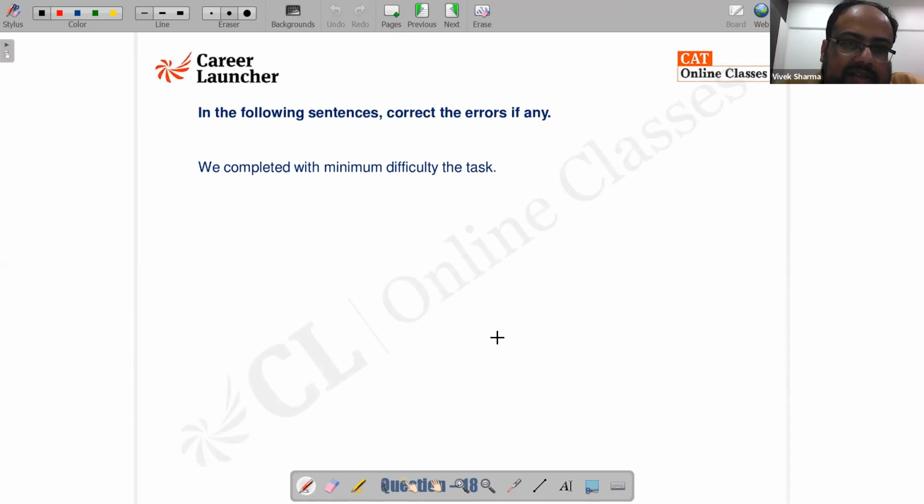How do you correct this sentence? Tanya, correct. Jobin correct, Anshul correct, Aman correct, Anubi correct.